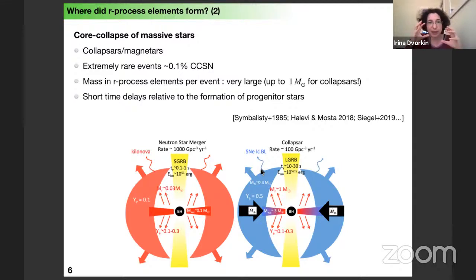But in special types of core collapse supernovae, where they have very fast rotation and very high magnetic fields, and these types of events are also very rare, there were some models that predict you can produce even up to 1 solar mass of r-process elements per event. So this is the schematic that is shown on the right here. If you have a massive star that collapses to a black hole, this ejecta, under the presence of very high magnetic fields, you can also form some r-process elements. This was never actually observed directly, and there are some theoretical difficulties in producing these events.